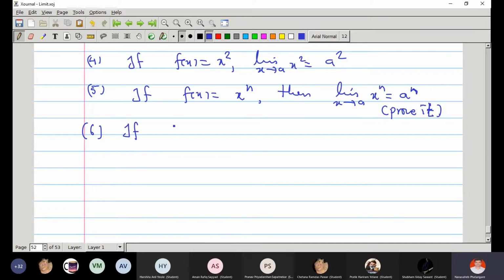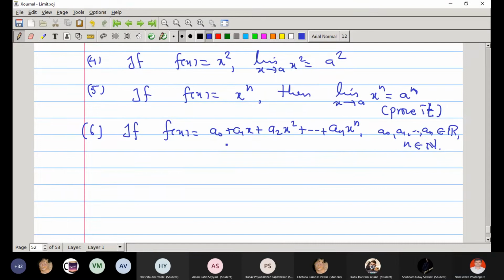So if f(x) is equal to a0 plus a1x plus a2x square plus up to an x to the power n, where a0, a1, up to an are constants and n is some positive integer. This is my function.